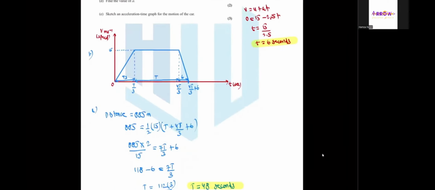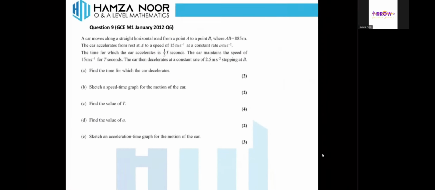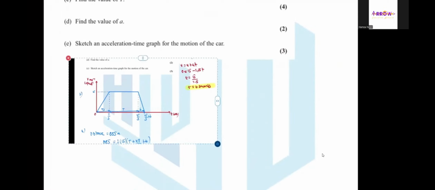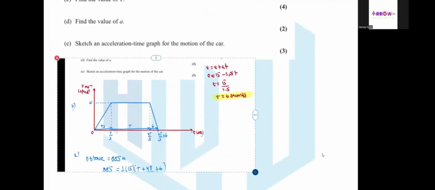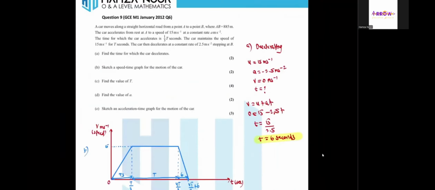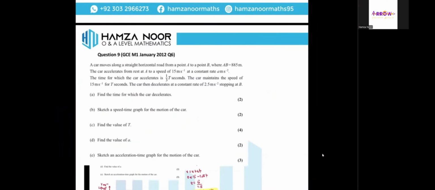So the acceleration is 15 over 16, as I already explained verbally. We just need to show the working over here for part D in order to find the value of acceleration, because A was basically the acceleration of the first stage of the journey, right? As per the information of the question. All right, so that is basically the thing.